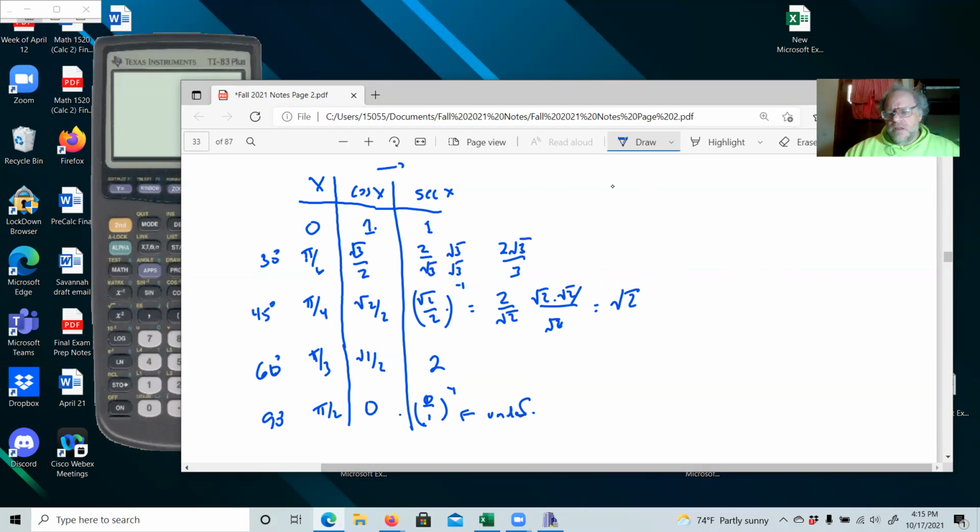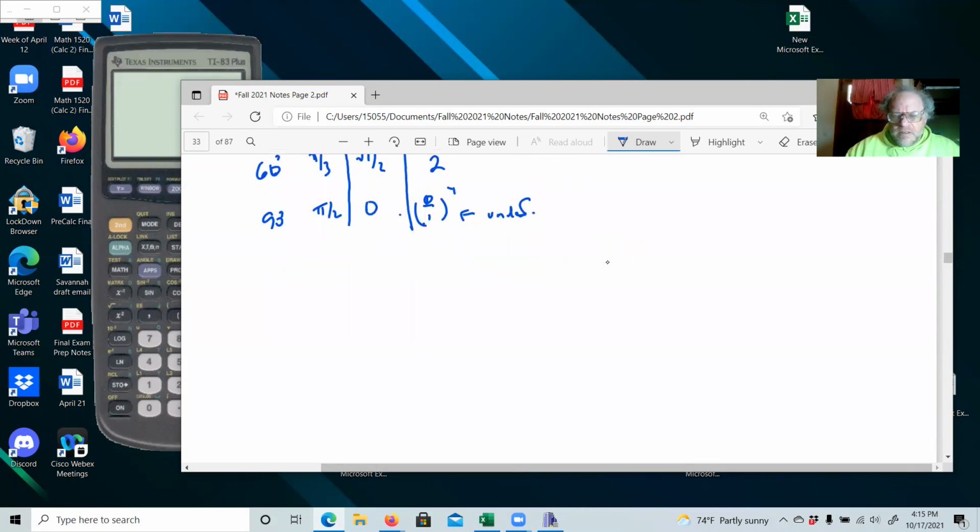If I go through and just look at the first quadrant, from 0 to pi/2, we have our values here. There's our 1, then about 0.866, 0.707, and 0.5.